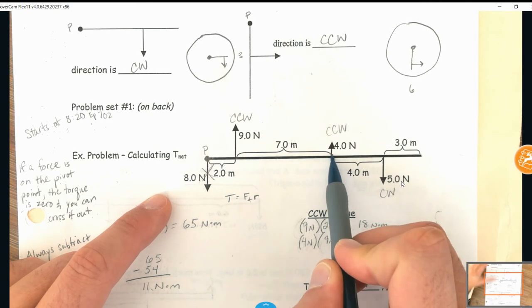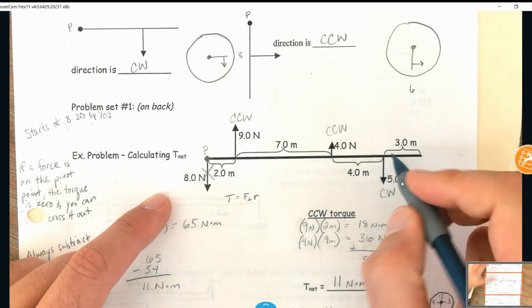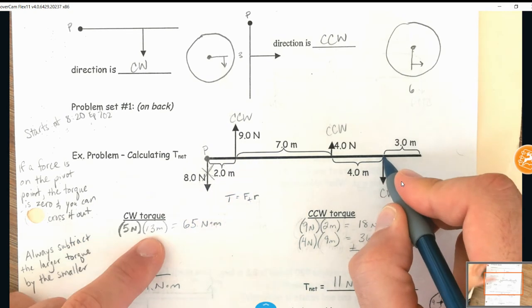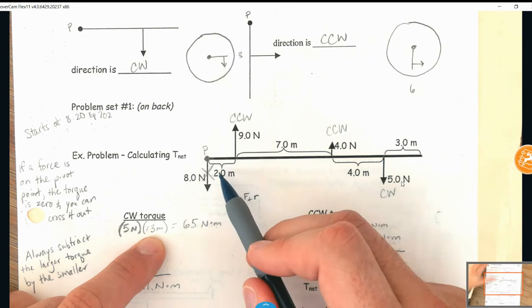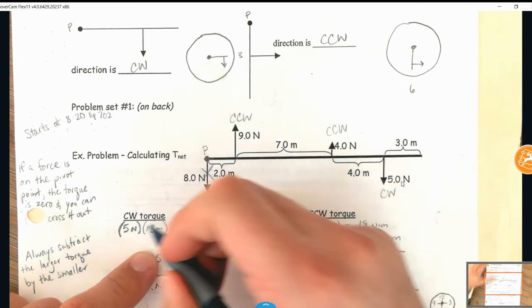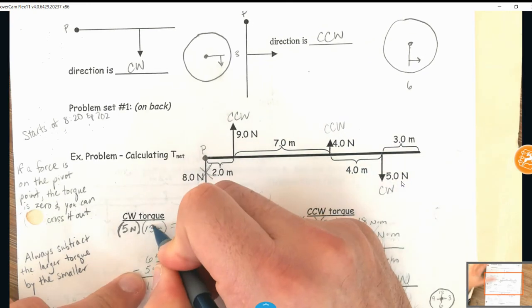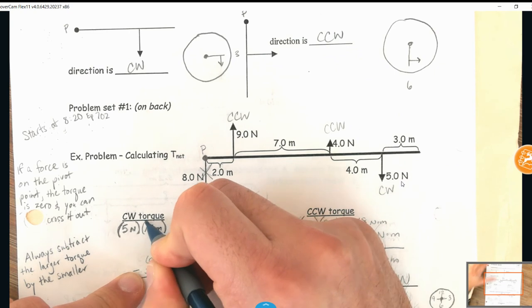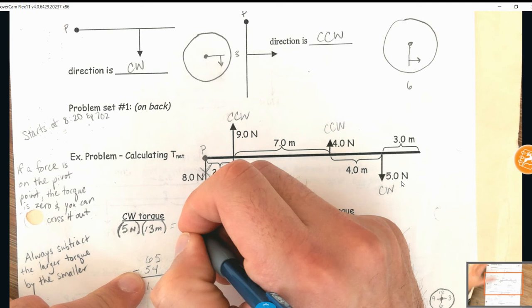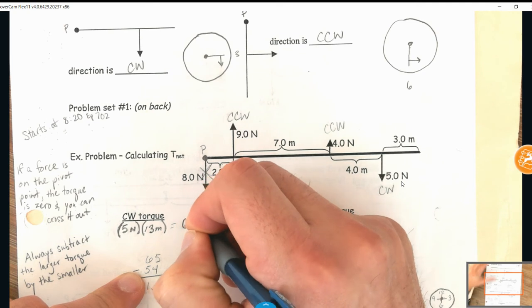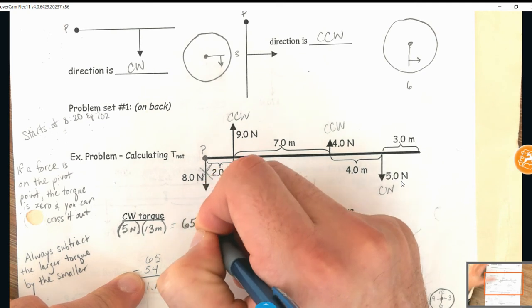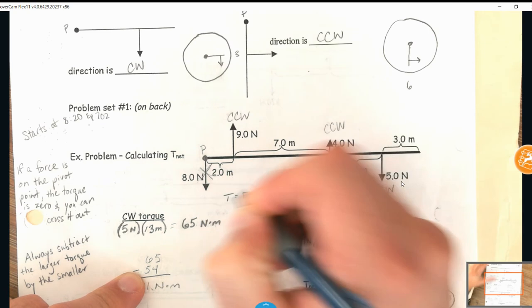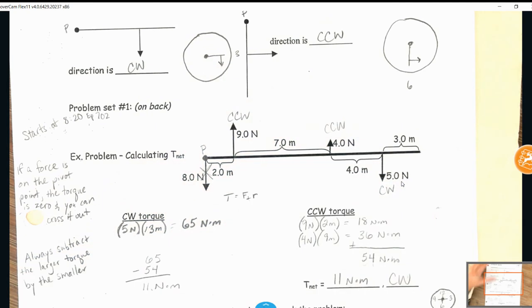Then an additional 4 would put us here. That is where the 13 comes from: 2 plus 7 plus 4 gives us 13 meters of distance. That's our lever arm, and then just multiply out. You're going to get 65 Newton meters, which is our unit for torque.